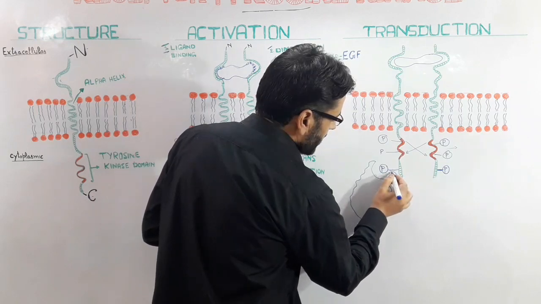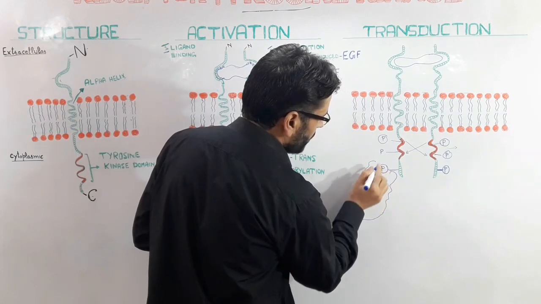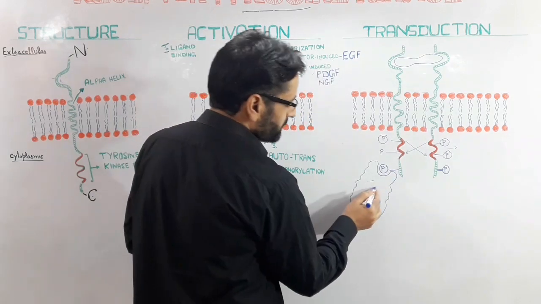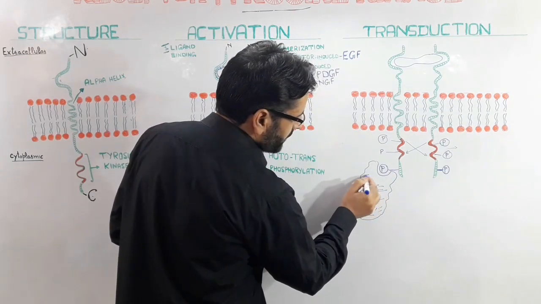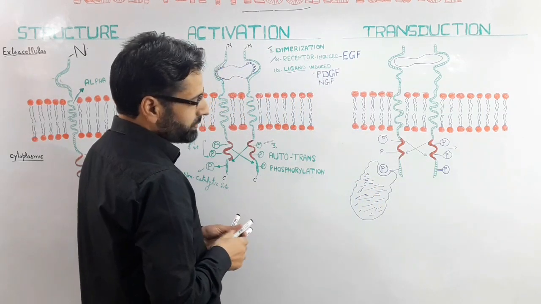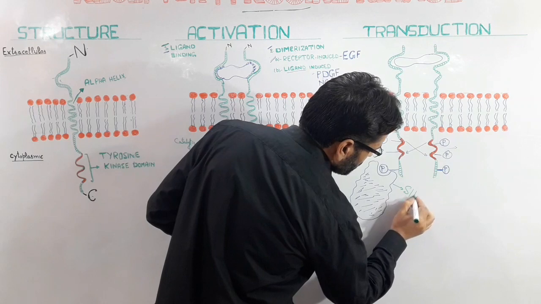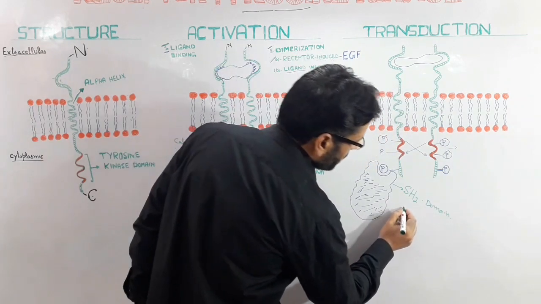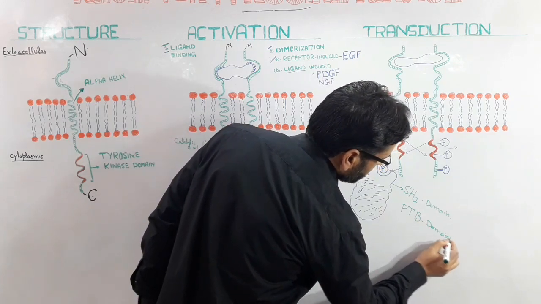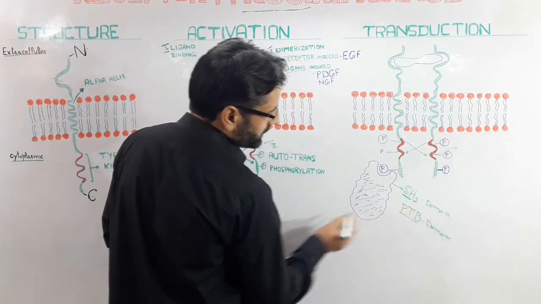That is, we have in the cytoplasm some specific proteins which have binding sites specifically for phosphotyrosine amino acids. And usually these proteins have a binding site called the SH2 domain, or they have PTB domains, phosphotyrosine binding domains, and Src homology 2 domains.